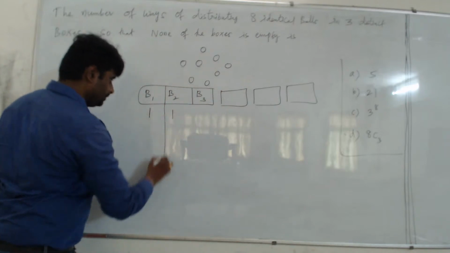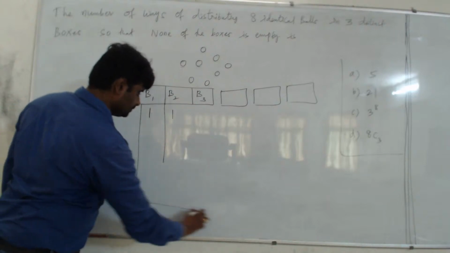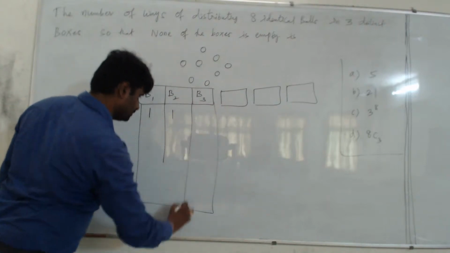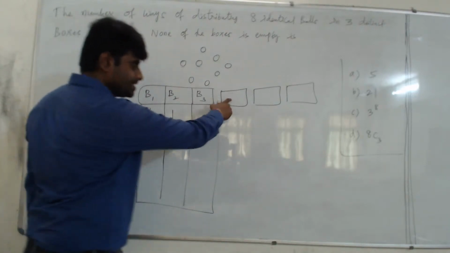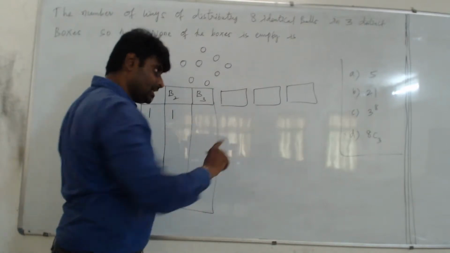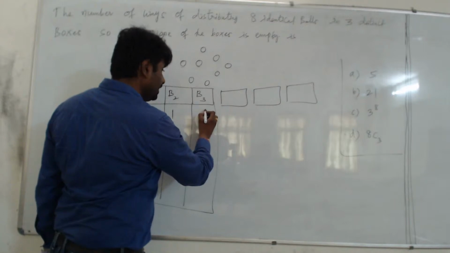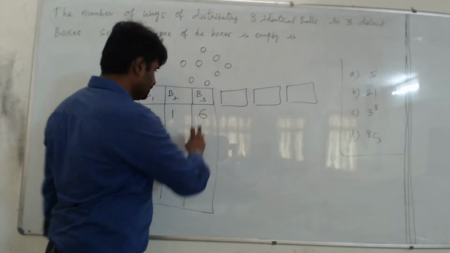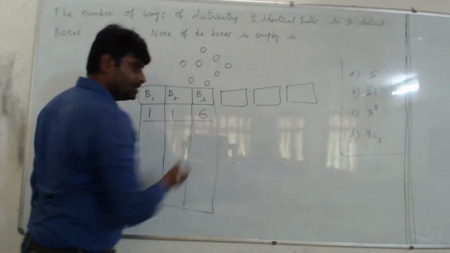Now in the first box I can put one ball, in the second box I can put one ball, in the third box I can put the remaining 6. Okay, this is one way.